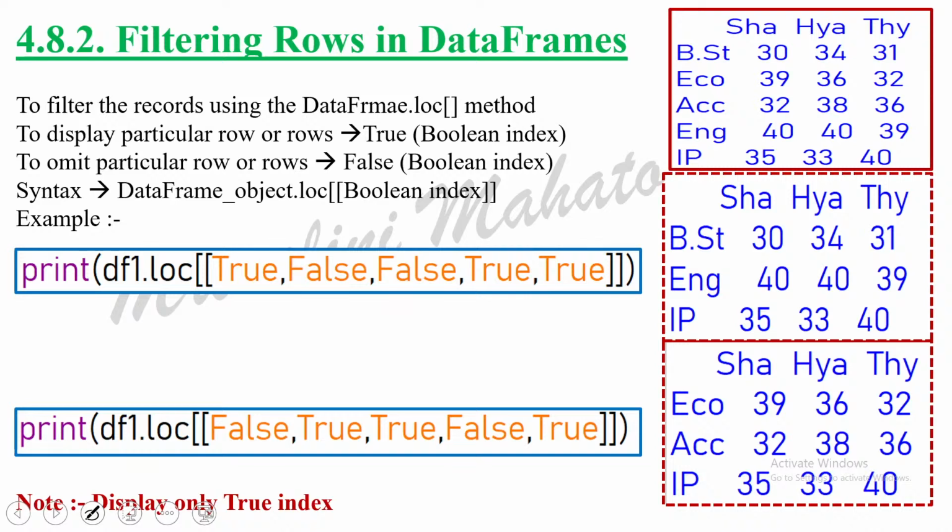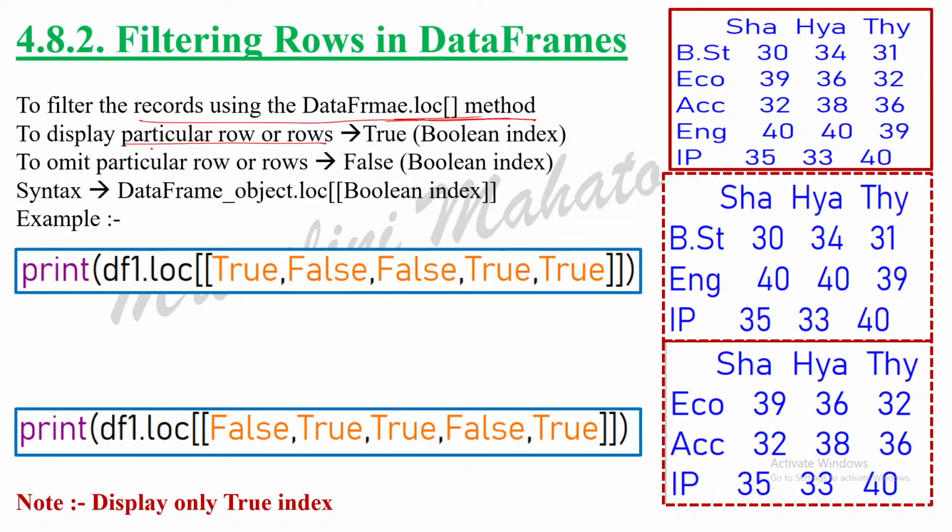Now filtering rows in data frames. How to filter rows in the data frame? We can filter the records using the DataFrame.loc method, to display particular row or rows. We have seen how to access a particular column.